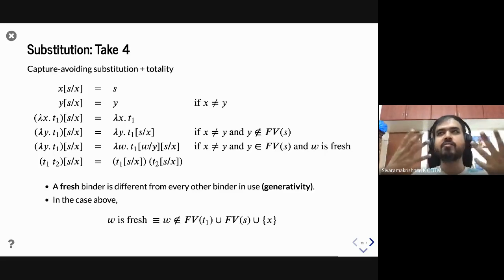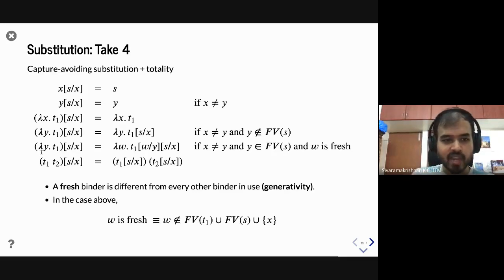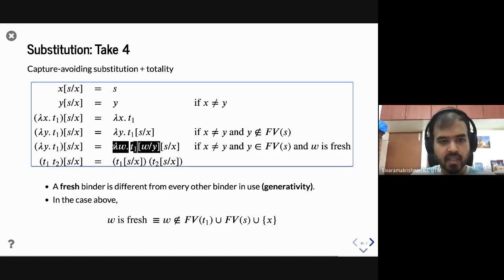So take a fresh variable name. You can create a new variable name and make sure that it is not used anywhere else. First, do this one step of renaming: rename this term such that lambda y dot t1 becomes lambda w dot t1, where all the free occurrences of y are replaced with w. That is what this says, right?